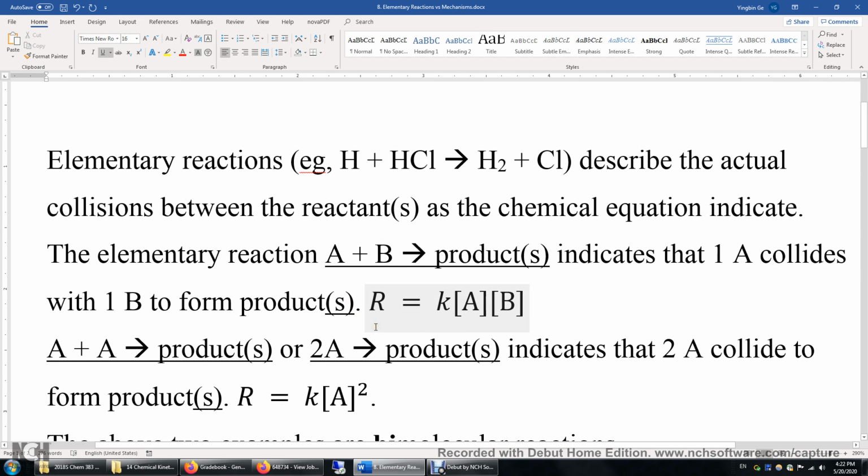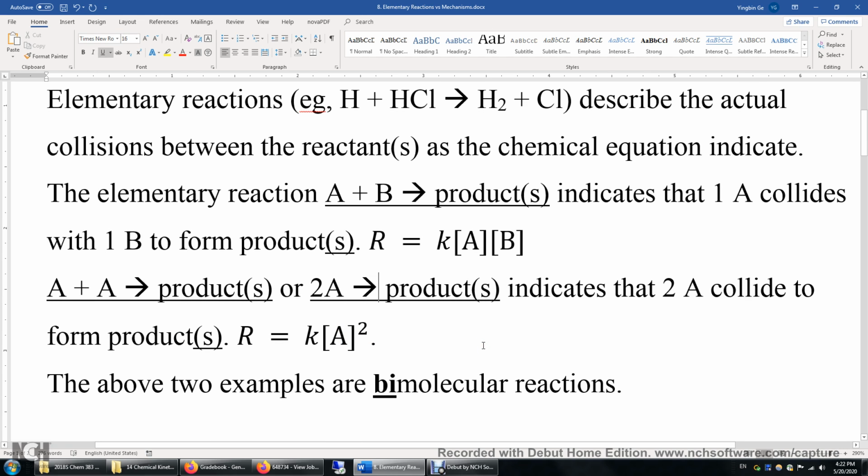All right, so sometimes we see 2 A's to form product, or A plus A. In this case, if this is an elementary reaction, we know that 2 A molecules collide with each other to form the products, and the reaction rate is simply k times [A] to the power of 2. Where does this 2 come from?